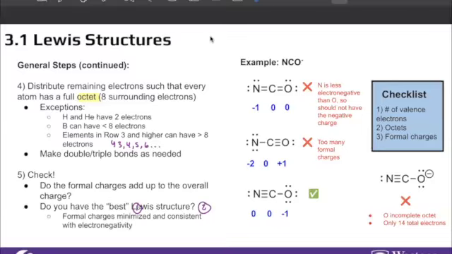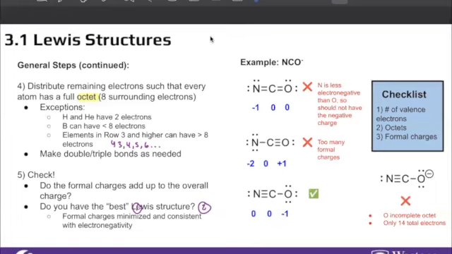So that's all the steps for drawing Lewis structures. Now, keeping in mind that this is a multiple choice test, you most likely won't be asked to actually draw a structure. It's more likely that you'll get a question that gives you a bunch of options for a Lewis structure and asks you which one is the correct or best one.